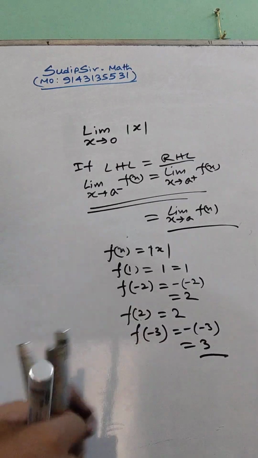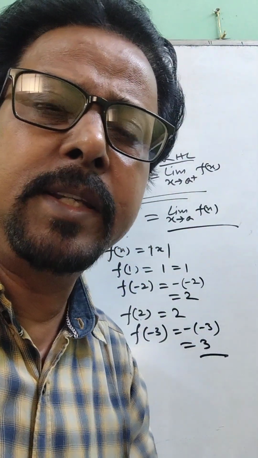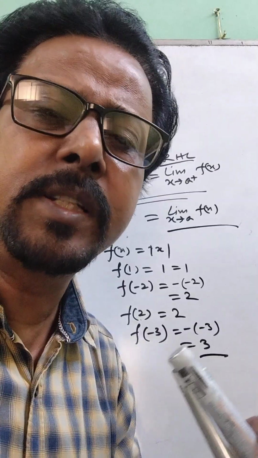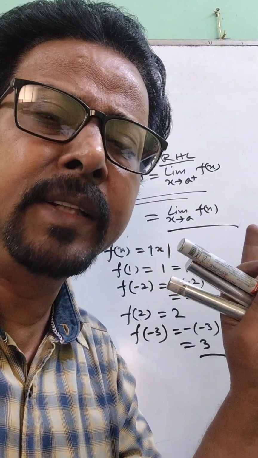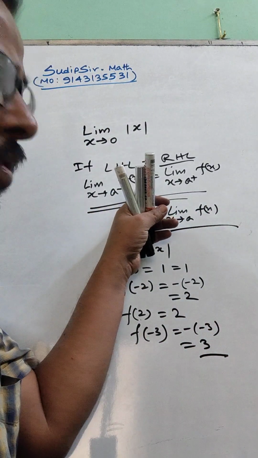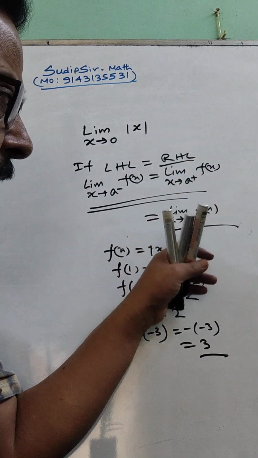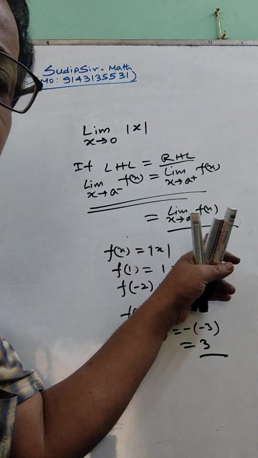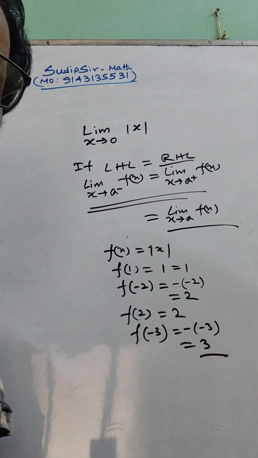If LHL equal to RHL, then only the limit exists, and that will be the limiting value at x equal to a.